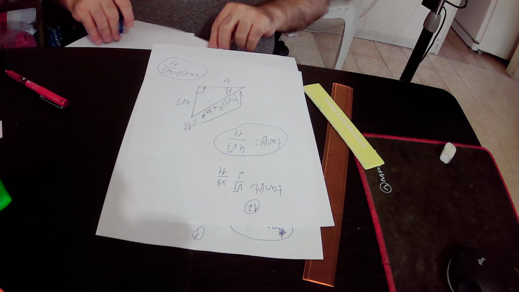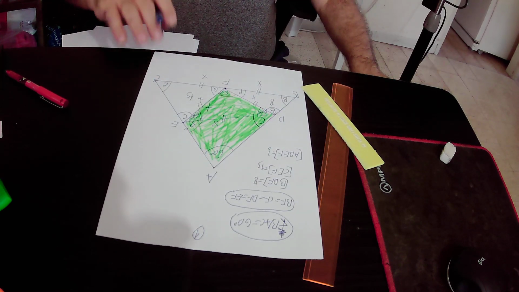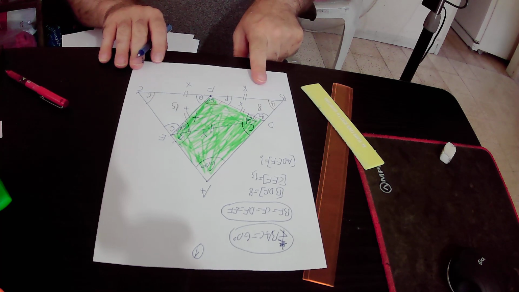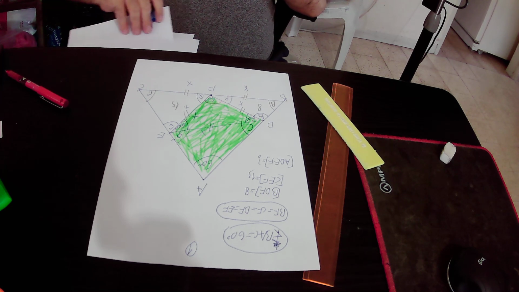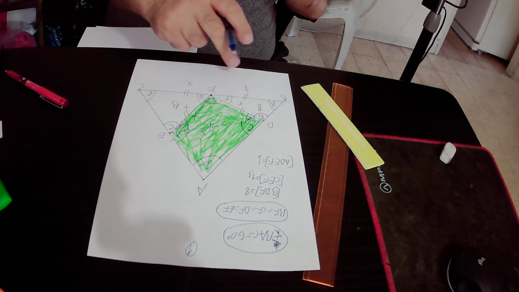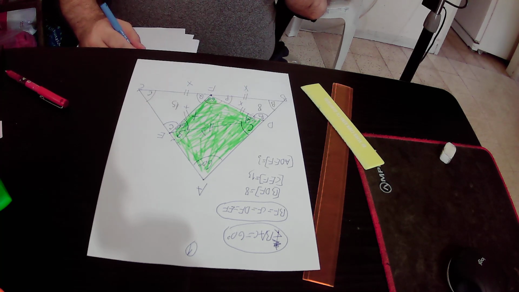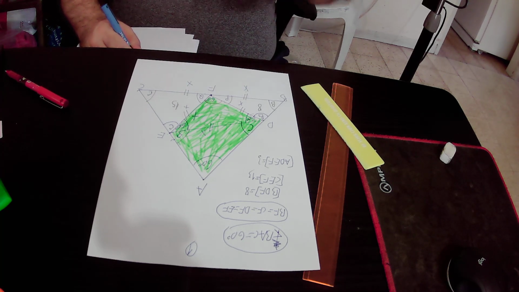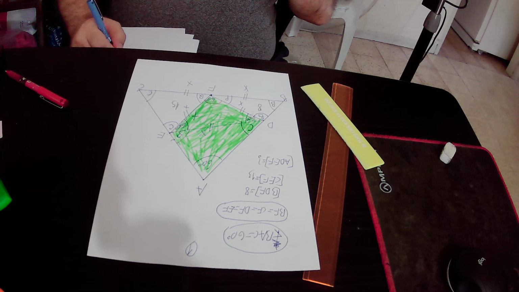So in the next step we will calculate again the area of triangle BDF according to the formula that I presented to you. The area of triangle BDF will be equal to x times x times sine P over 2. Again, the area of triangle BDF, this triangle, equals x squared times sine P over 2.